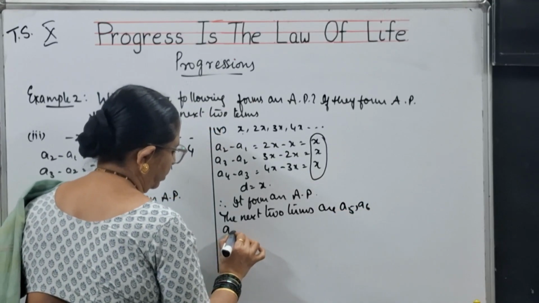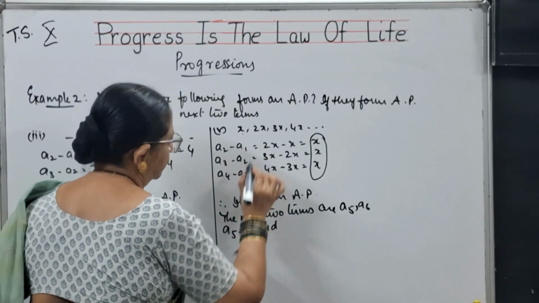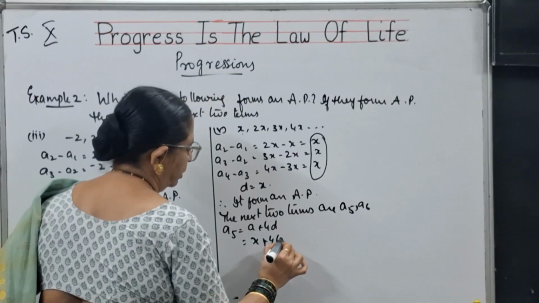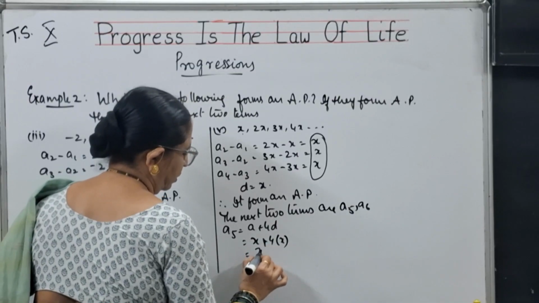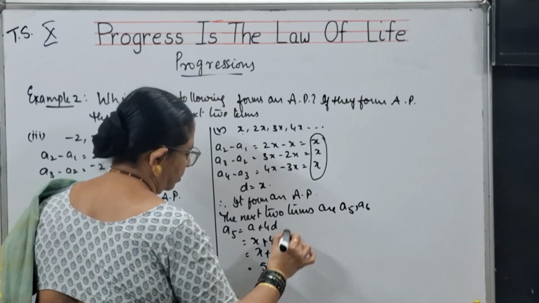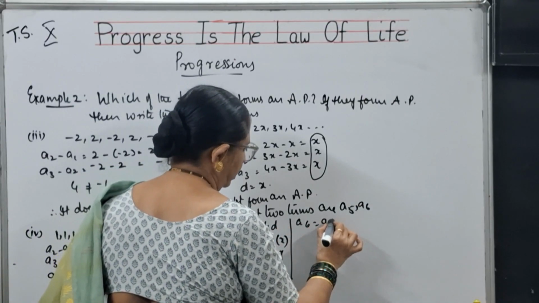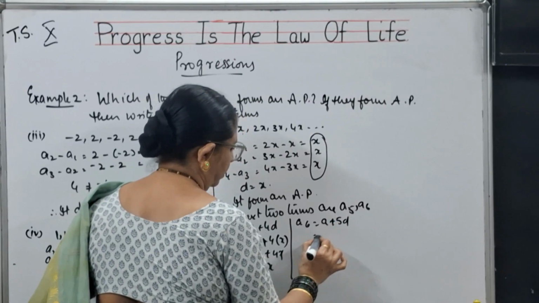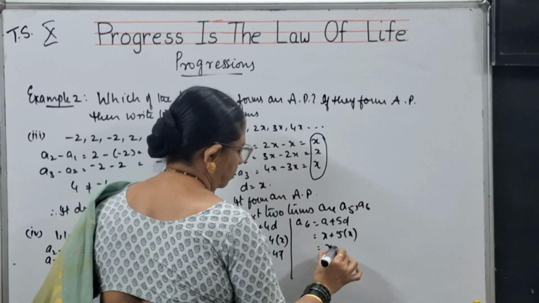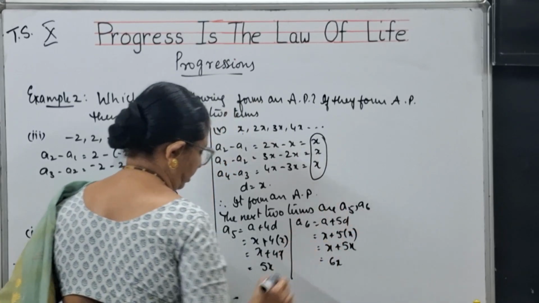So what is a5? a plus 4d. a is x, plus 4 into d, which is also x. x plus 4x, that is 5x. Now a6 is equal to a plus 5d, x plus 5 into x, x plus 5x, that is equal to 6x.